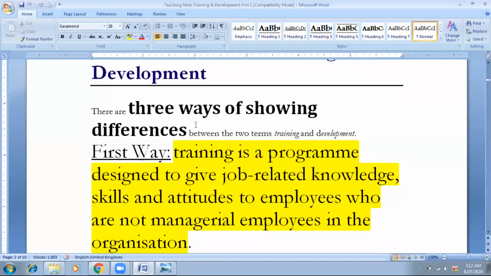Therefore, training is for non-managerial employees. So here there are knowledge, skills, and attitudes.